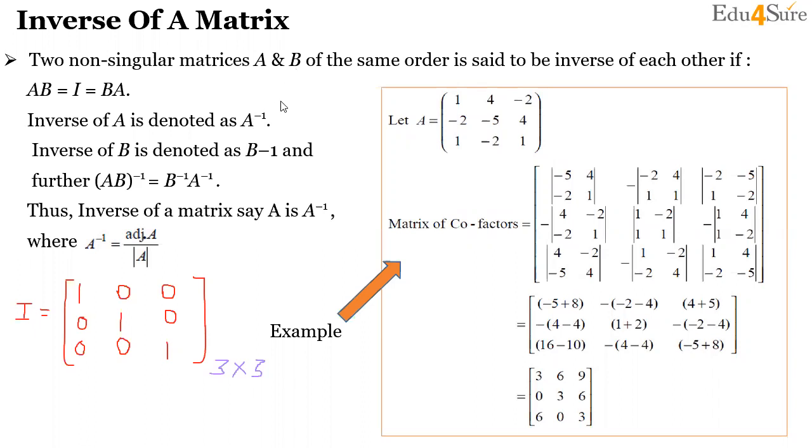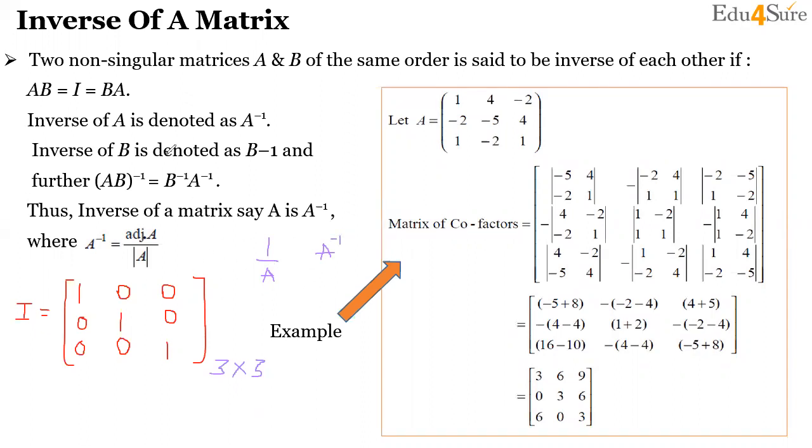It is similar to 1 by A. I mean to say that if you take 1 by A, for example, it can be any value, and if you take A above, it will be like A inverse. When you take the denominator above, it will be represented by A inverse.